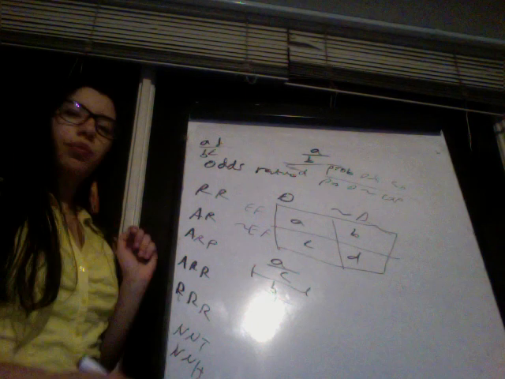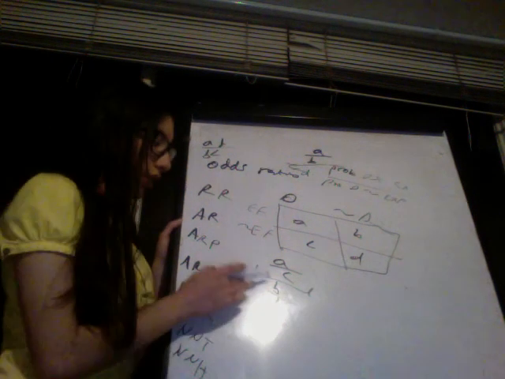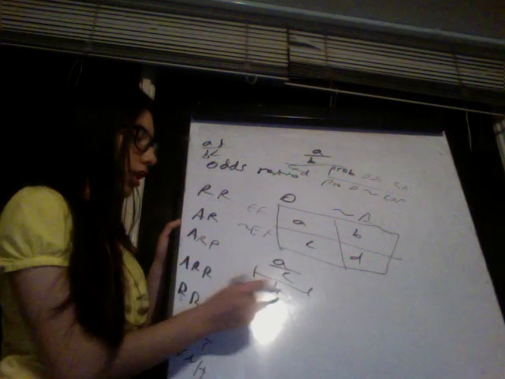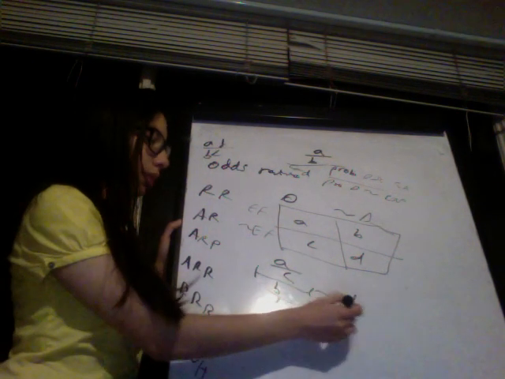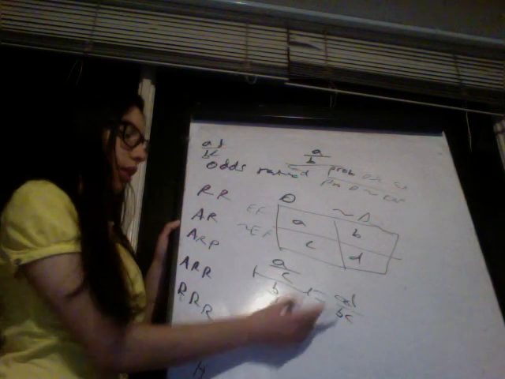I think that is pretty much clear. Alright, so A divided by C and then B divided by D. You have again A times D divided by B times C. So it's exactly the same.